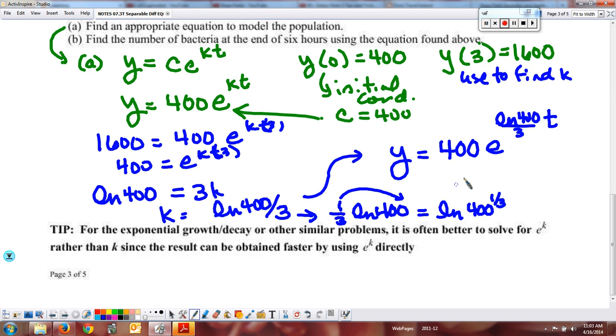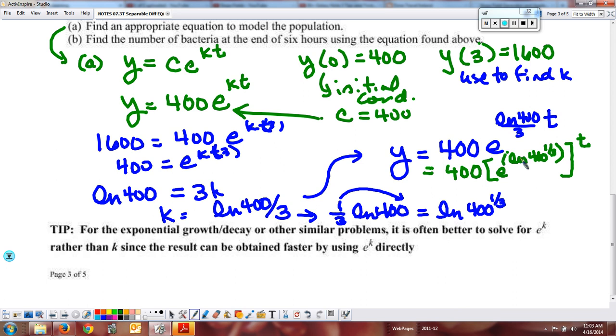When I do that, using my log properties, this problem is going to be 400 e to the natural log of 400 to the 1/3, in parentheses, and then that whole thing is being raised to the t. And e to the natural log, what happens to the e and the natural log?